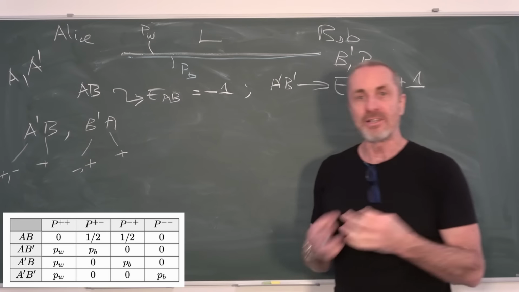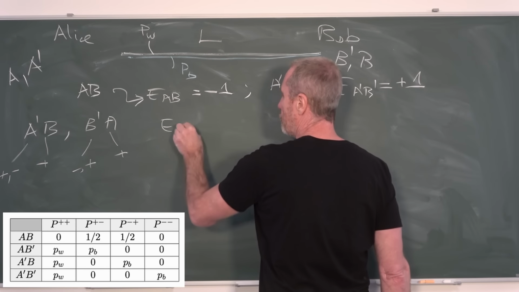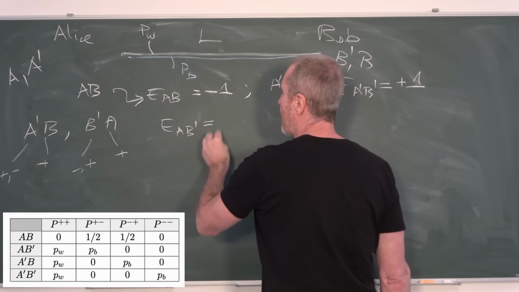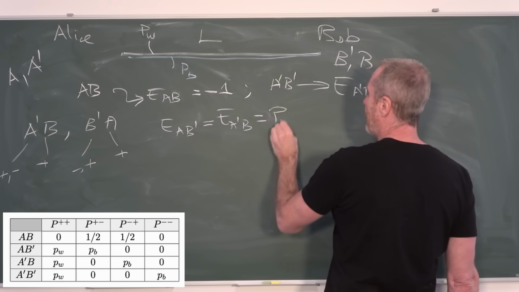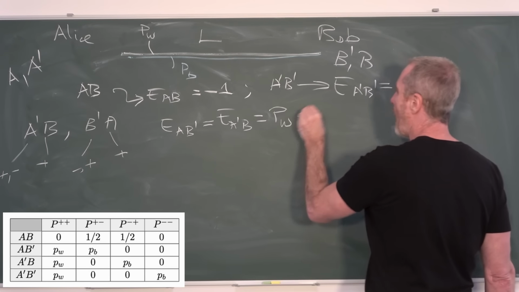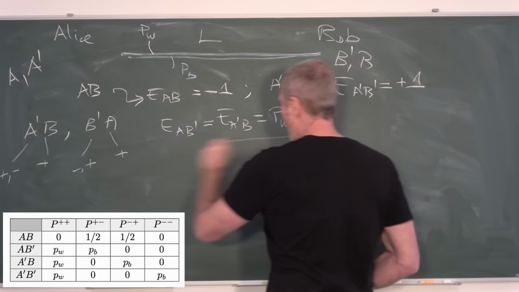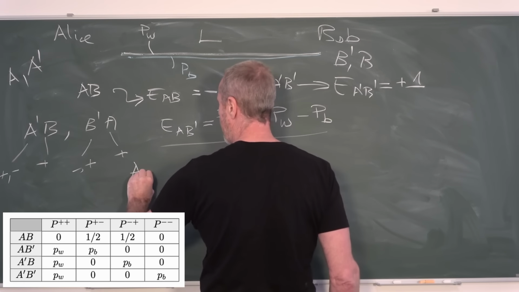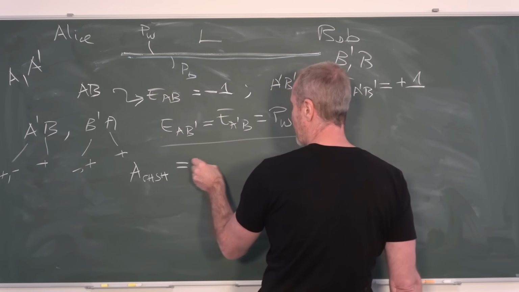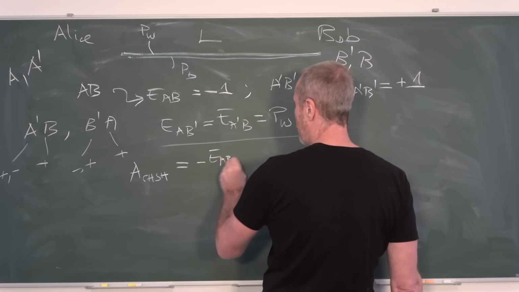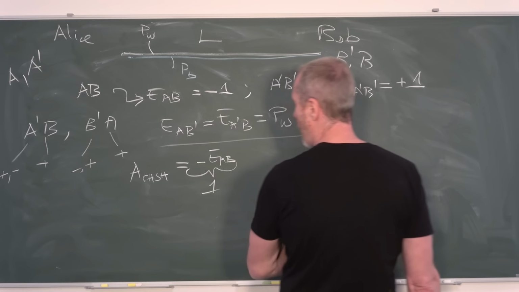So now we have a situation which is a little bit more complex, and it is very easy to check that in this case these two correlation functions now will be given by the probability to be white minus the probability to be blue. So now if we calculate the quantity ACHSH, we know that it is minus EAB, so this now is -1, so it is 1.